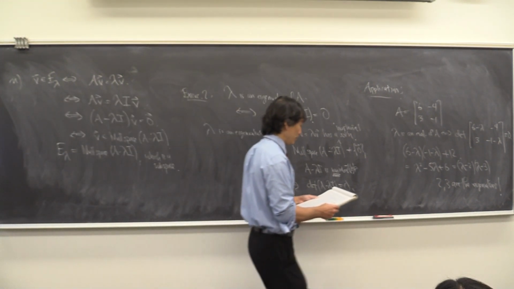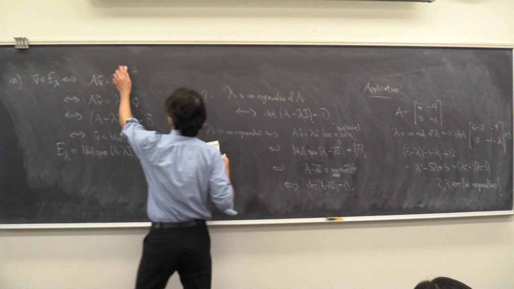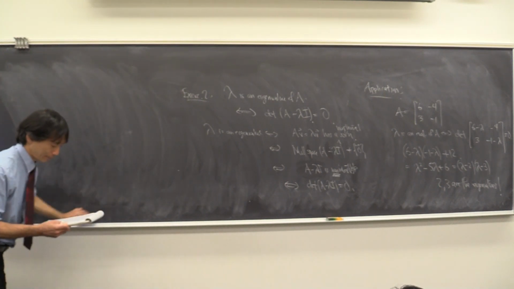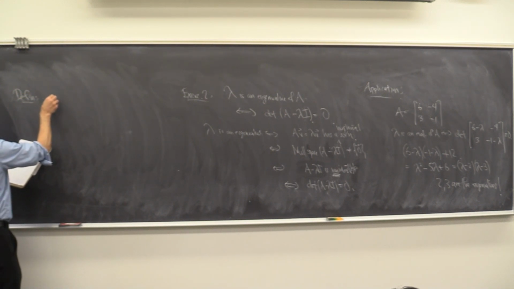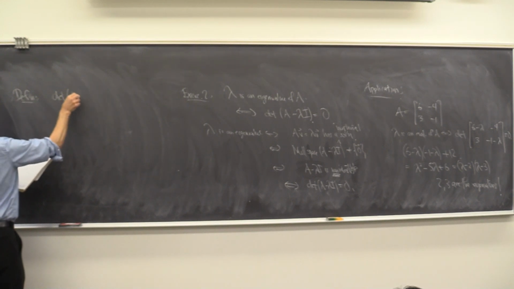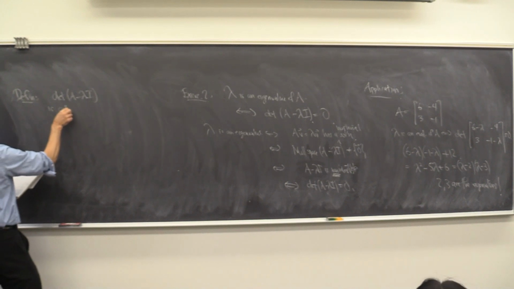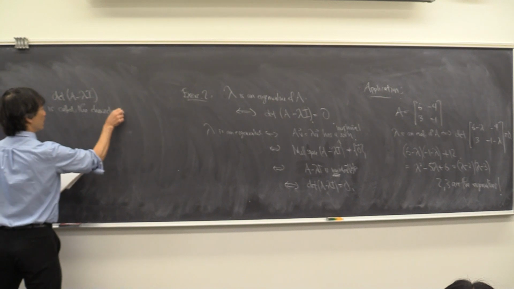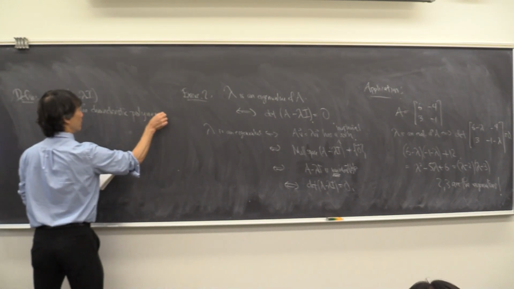Okay, let me put some names down. Definition: this determinant of A minus lambda I is called the characteristic polynomial.